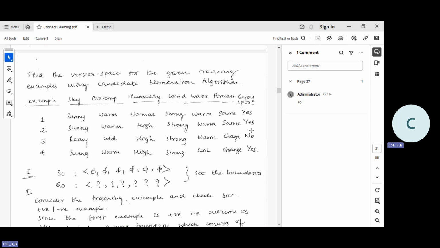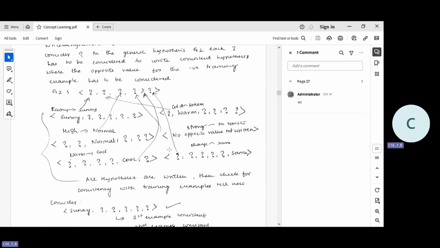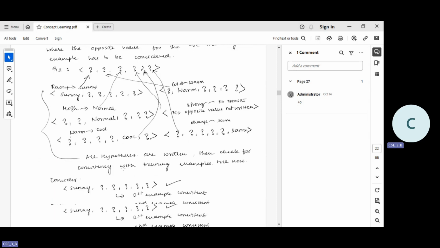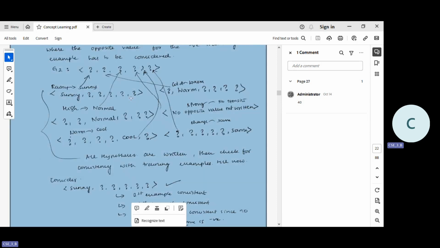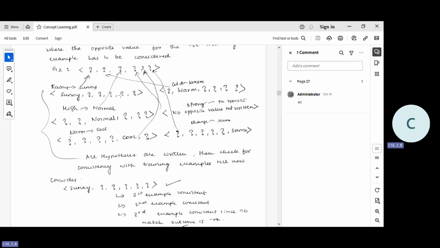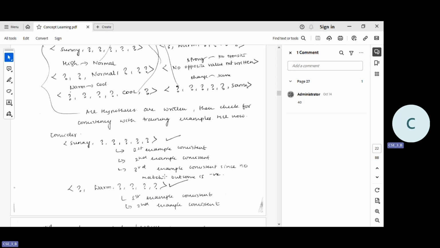So no match, then no. It indicates it is consistent with the negative examples also. So this hypothesis is consistent with all the training examples till now, that is training example 1, 2, and then 3.